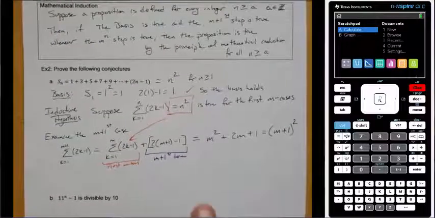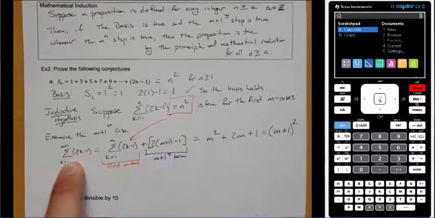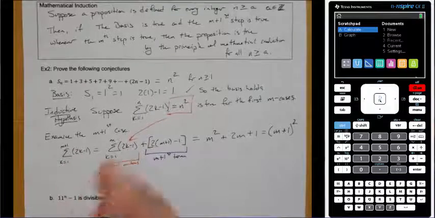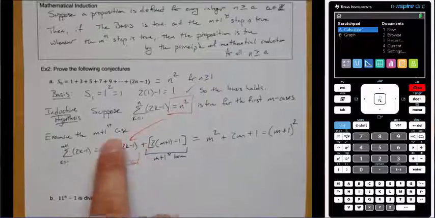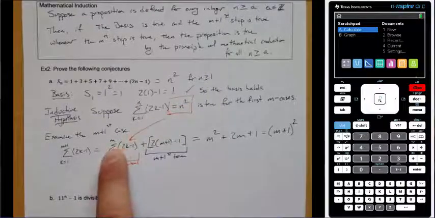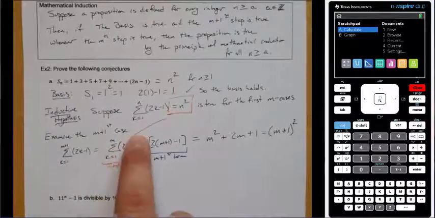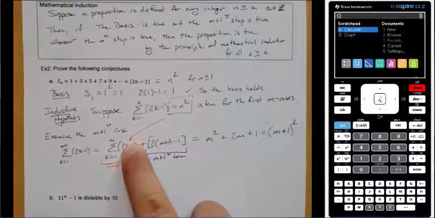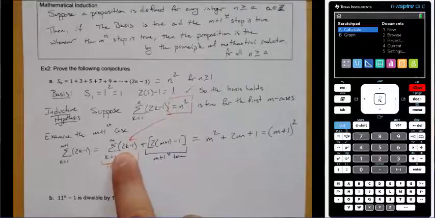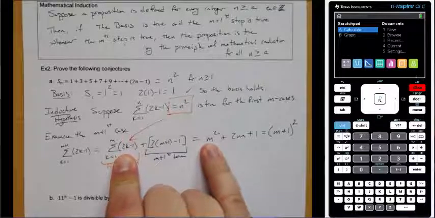So what have we shown? We took the m plus first term and peeled off the term we added on so that we could have an expression that matches our inductive hypothesis. We replaced the sum with what we assume the formula for the sum actually is, to get a term that is easier to work with.